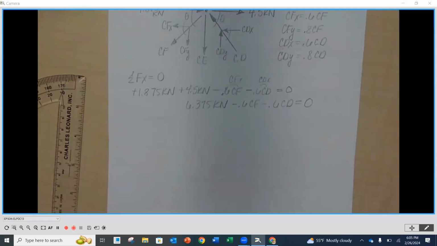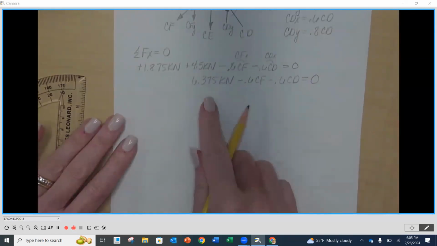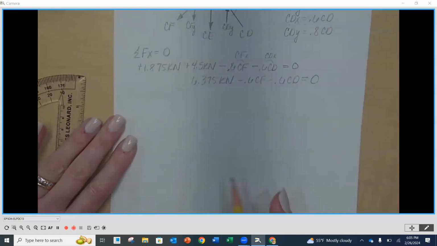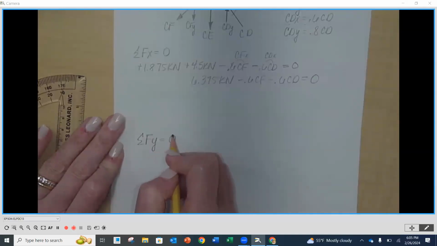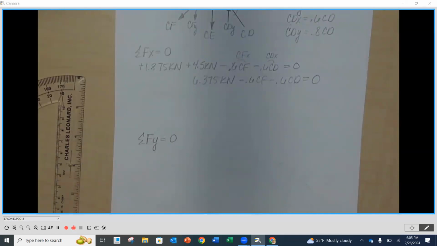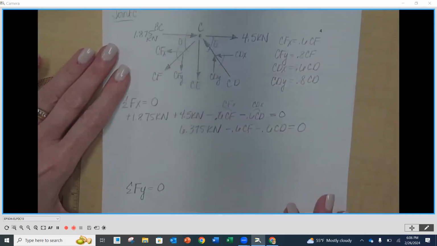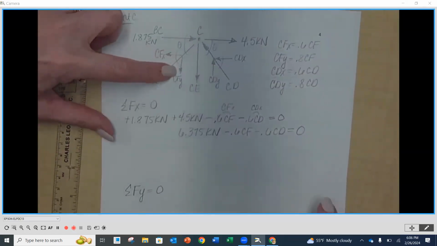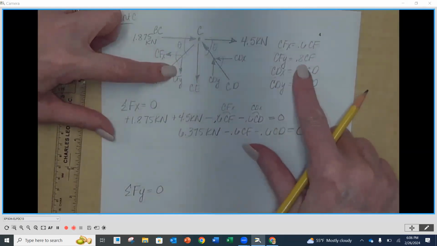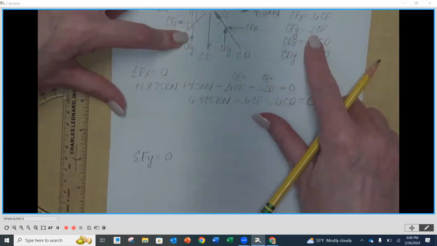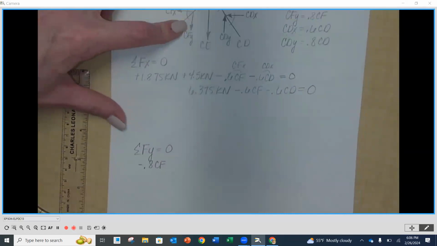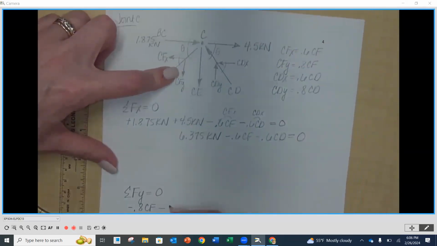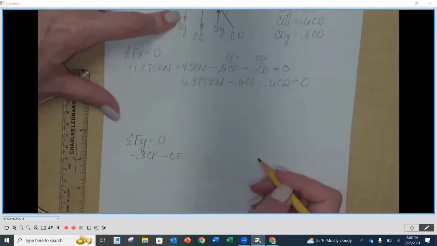But I can do my sum of my forces in the y. So let's try that. I'm going to leave some space here because I know I'm going to probably come back. I'm going to do a sum of forces in the y equals 0. So here, I've got a negative CFY. So I'm going to write 0.8 CF. So negative 0.8 CF. Okay, that's my CFY. I'm going to have a minus CE.